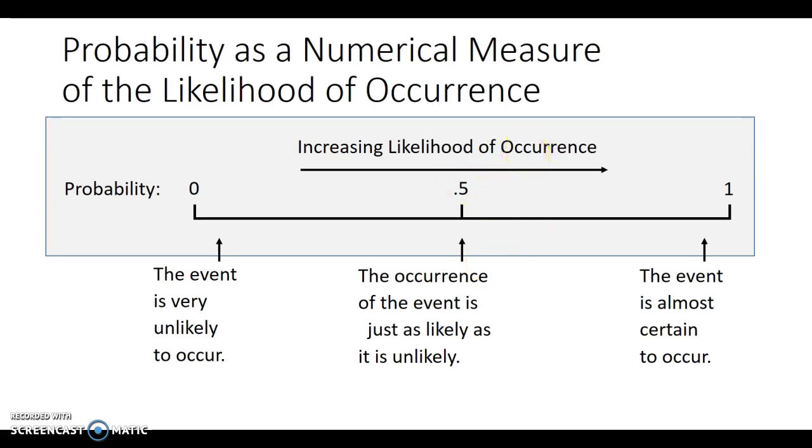We can have a heads or a tail. All of the probability would be included in heads and tails. So heads is a 50% probability. Tails, 50% probability. You add that up to 1, so it is certain that if you flip a coin, you're going to get either a heads or a tails.